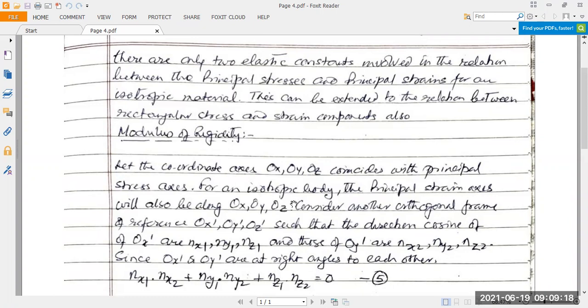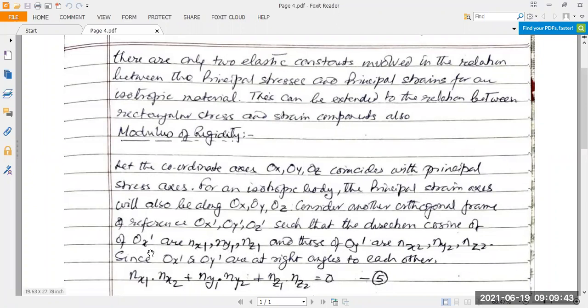But there are certain changes due to the change in the direction cosines of x, y, and z. First we make the direction cosines clear. The direction cosines of OX dash, after it is changed from OX, will be nx1, ny1, and nz1.